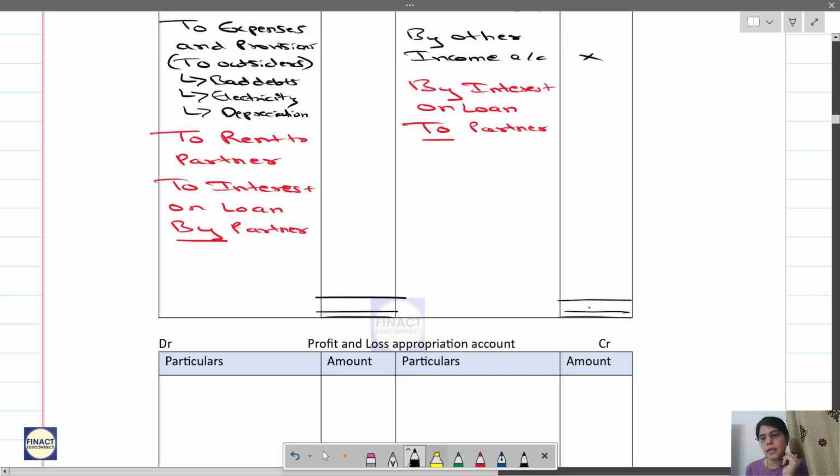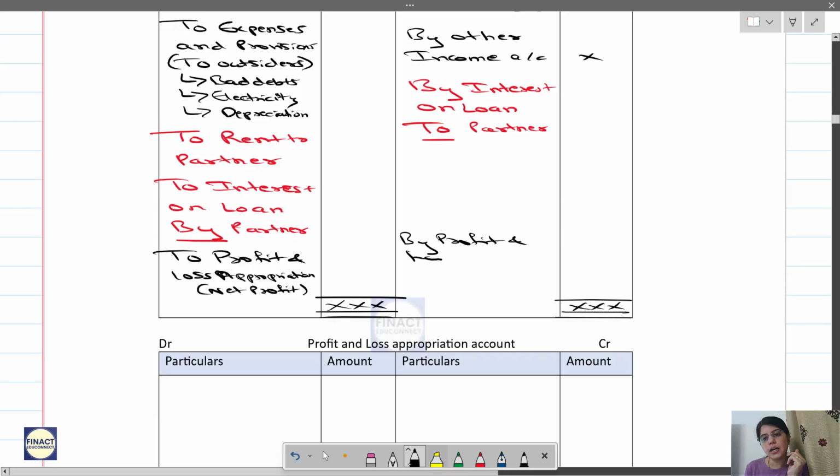Once you calculate all this, you will be getting a total of debit and credit side. If credit side is more, then you will have a net profit, correct? Now this net profit will be transferred to profit and loss appropriation account. Whereas if it is a net loss, it will also be transferred to profit and loss appropriation account by profit and loss appropriation account.